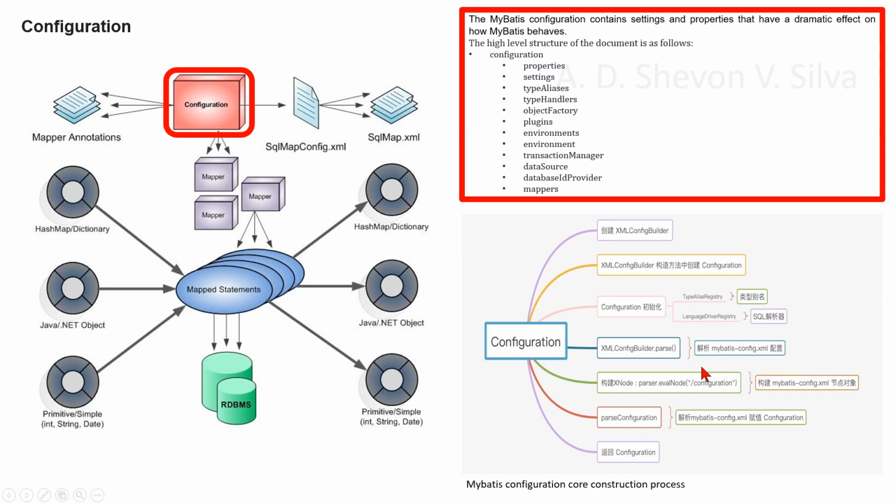Parser.parse performs the initialization of XMLConfigBuilder and initialization of configuration. Pass configuration XNode. This method is used to analyze mybatis-config.xml, analyze various labels and store them in the configuration object.